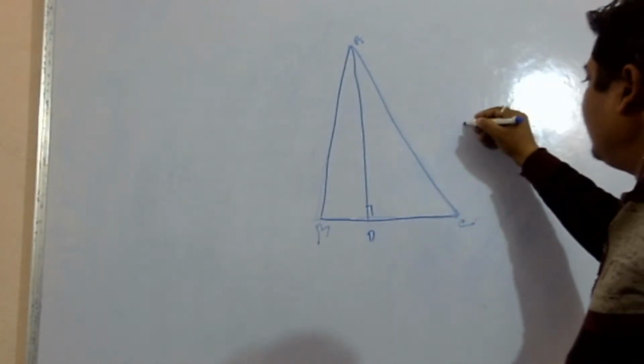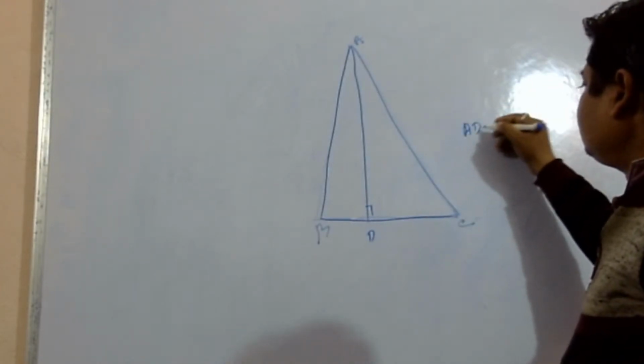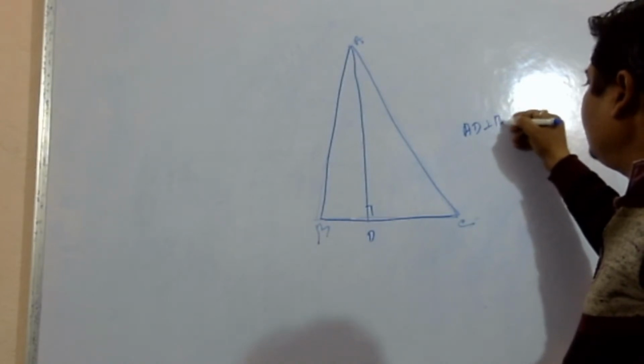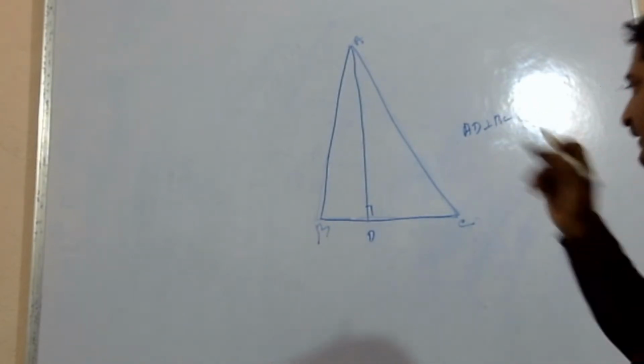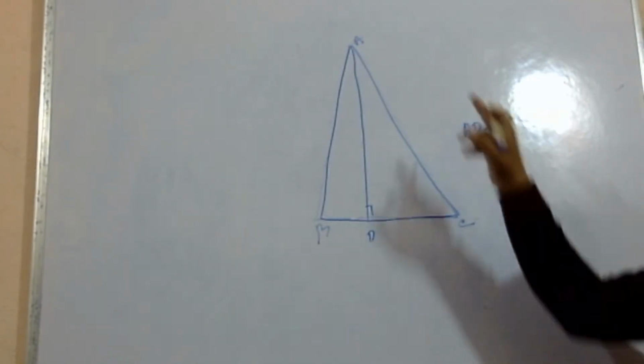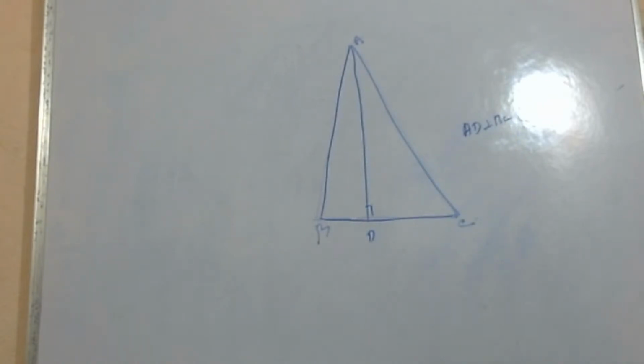That means when AD is perpendicular to BC in a triangle ABC, then AD is called the altitude.